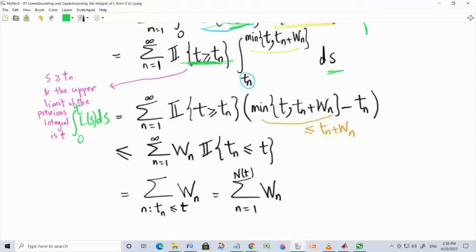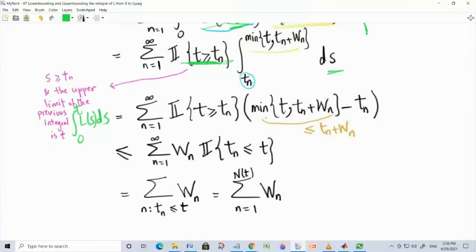No bounds till now, but now it is time for our upper bound. The minimum of two quantities is less than or equal to each of them. So you can upper bound this minimum by t, or you can upper bound this minimum by Tn plus Wn, and in both cases you are correct.